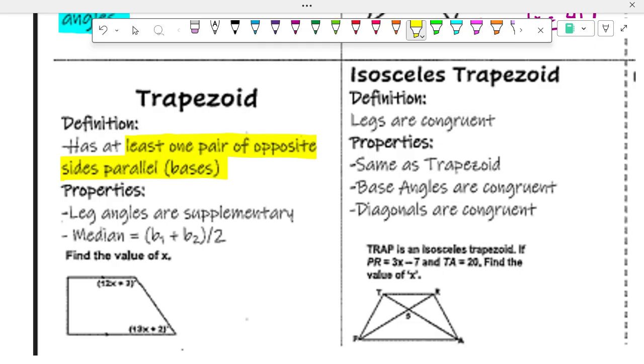So, in terms of a trapezoid, where does it fall in the hierarchy? Would it be a child of the parallelogram, or would it father the parallelogram? It would father it.